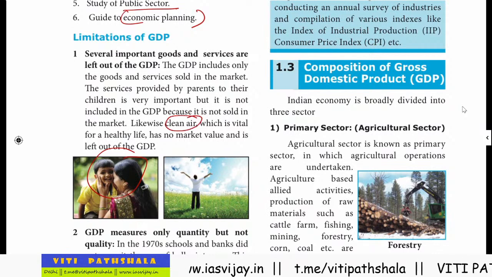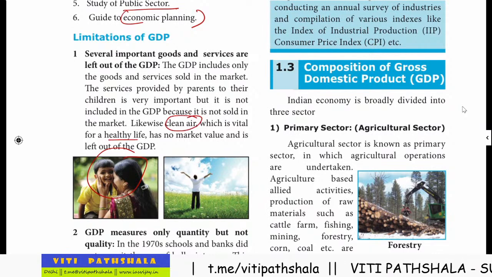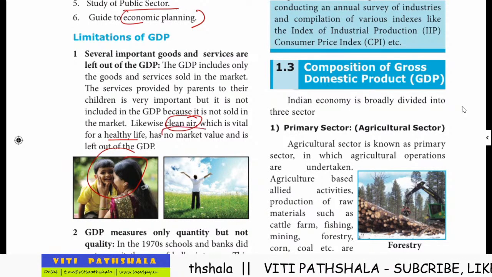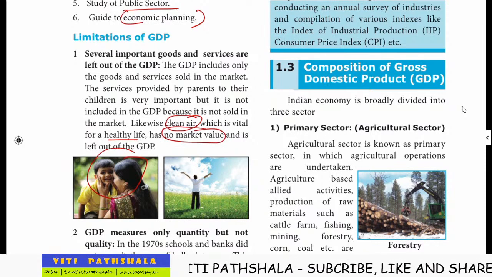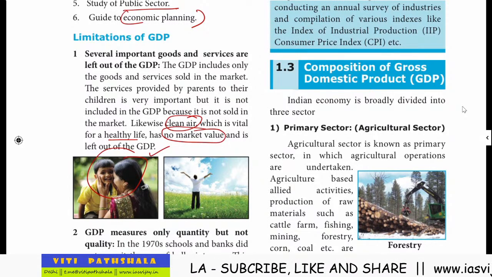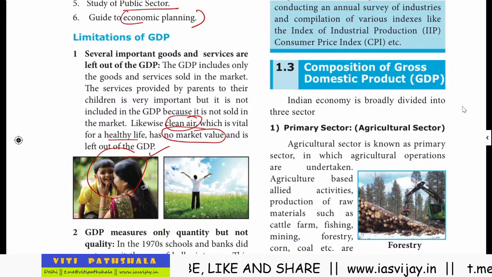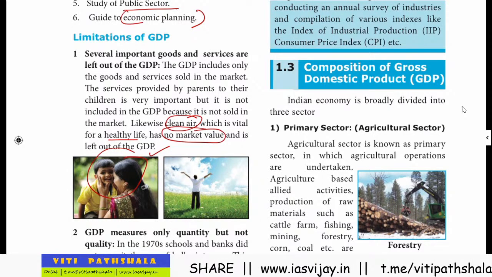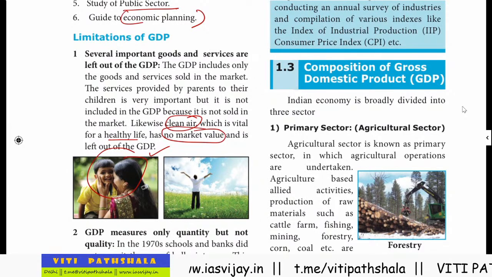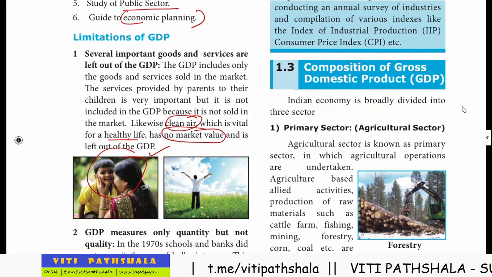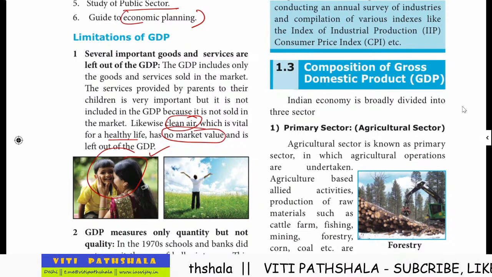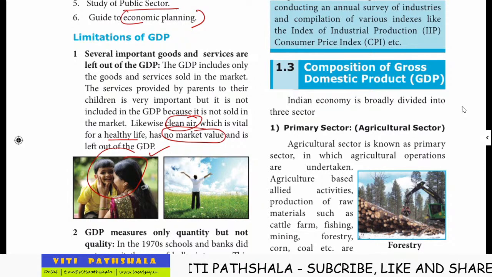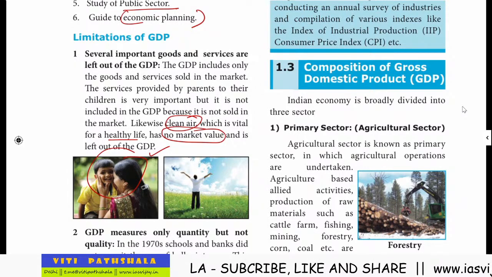Likewise, clean air, which is vital for a healthy life, has no market value and is left out of the GDP. In a similar way, water does not have one. But if the water is cleaned and packed and provided by companies in the form of a water bottle, then it becomes a value.